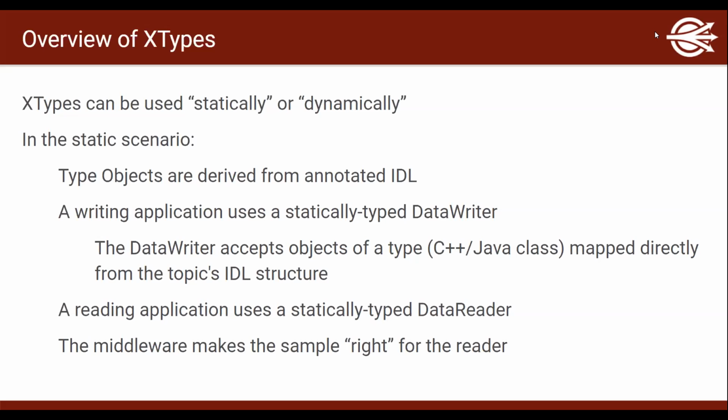And all of this is the idea of type assignability, which is defined in the XTypes spec, which has the rules for saying that one type is assignable to another. So long as the type of the writer is assignable to the type of the reader and the topic names match and all the other stuff that happens for RTPS discovery, then those are compatible and an association can form, and the data reader can receive samples from that data writer.